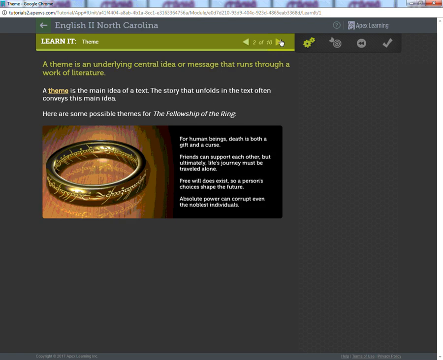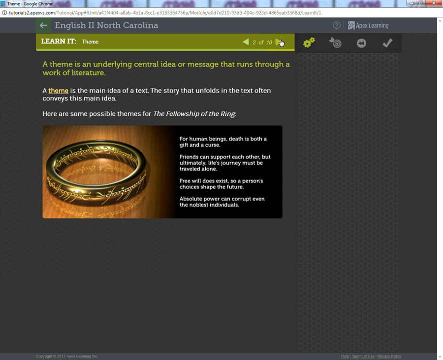So let's look at the movie The Fellowship of the Ring. That's the first Lord of the Rings. So the author's message to the reader is that for human beings, death is both a gift and a curse. Another message the author wants you to know about theme, it's friends can support each other, but ultimately life's journey must be traveled alone. So it's talking about friendship. So that's one topic.